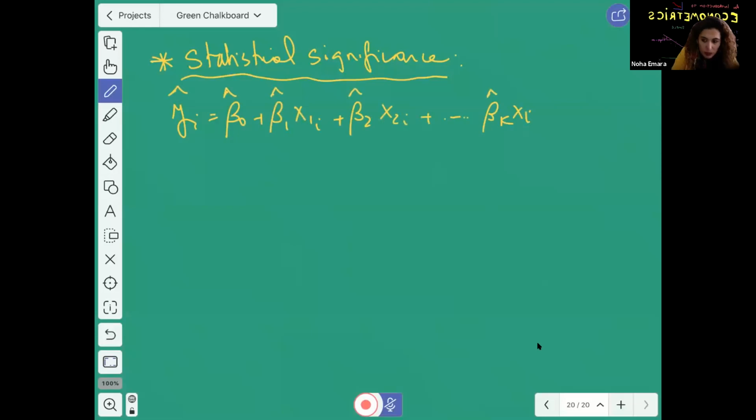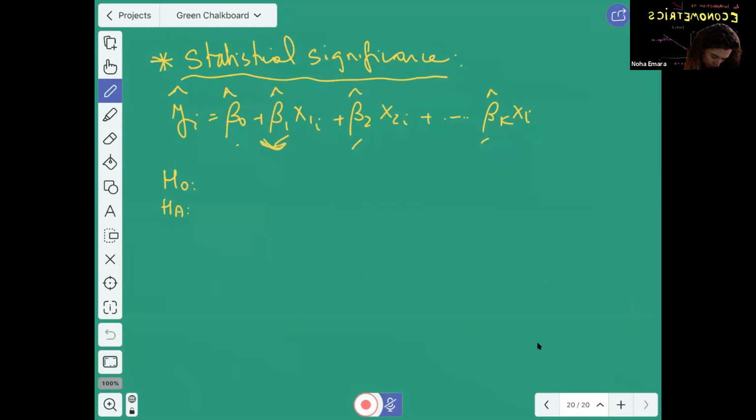So we have the hats here, we don't have the error term. I have estimated these coefficients, assume that we got the numbers, but we want to know whether these are statistically significant or not. So we will need a null hypothesis and an alternative hypothesis for the test.